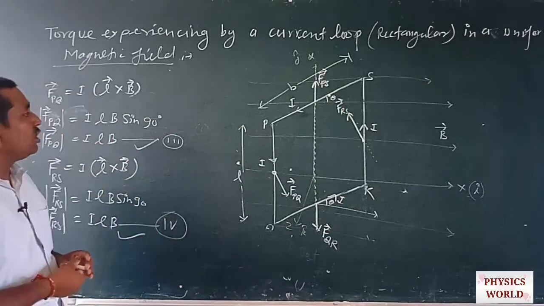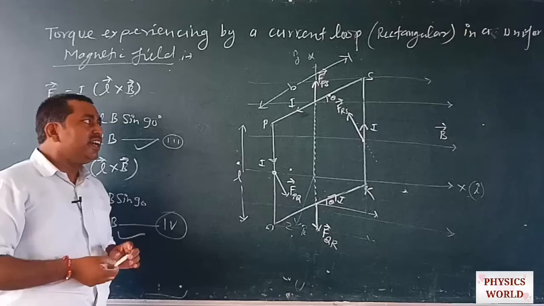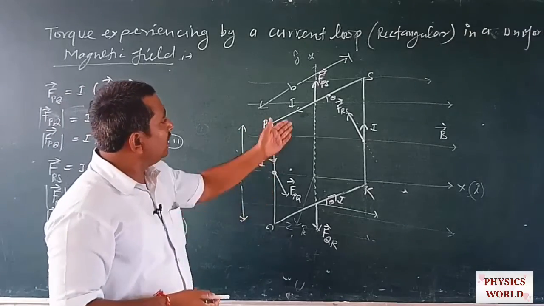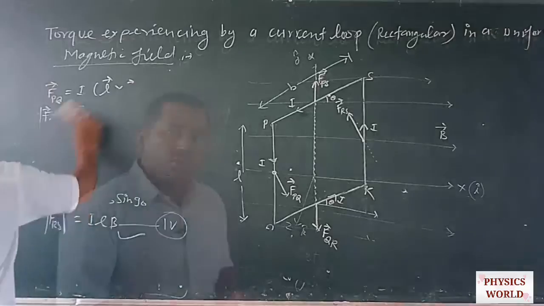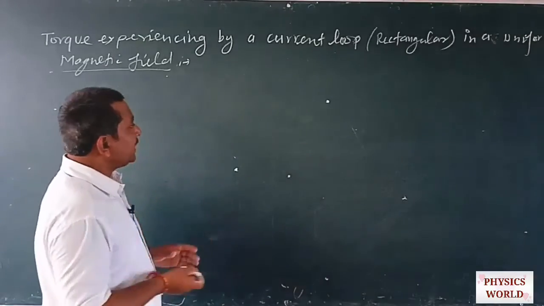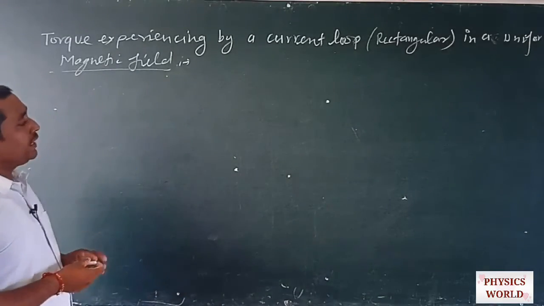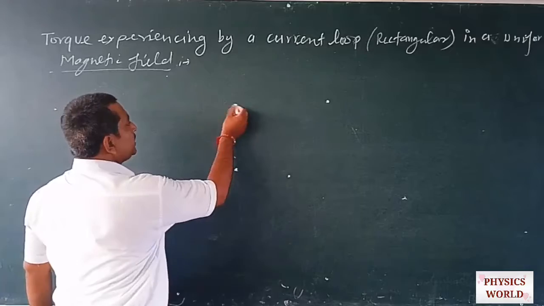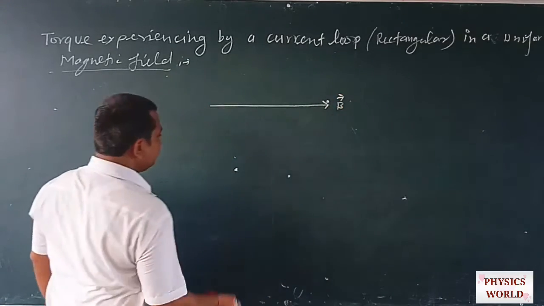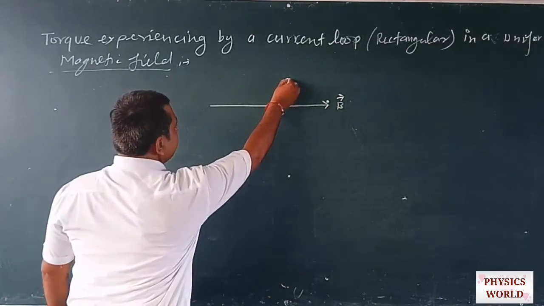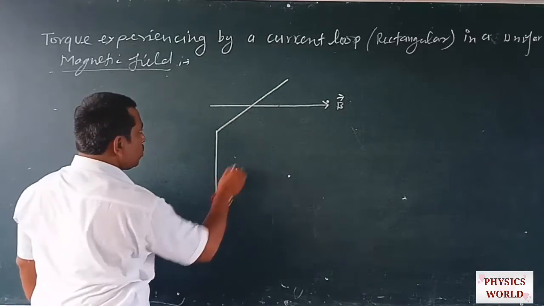So let us calculate the amount of torque experienced by this coil. Okay, let us start the discussion about the torque experienced by a rectangular coil. Suppose that this one is the direction of the magnetic field, and here is a rectangular coil.